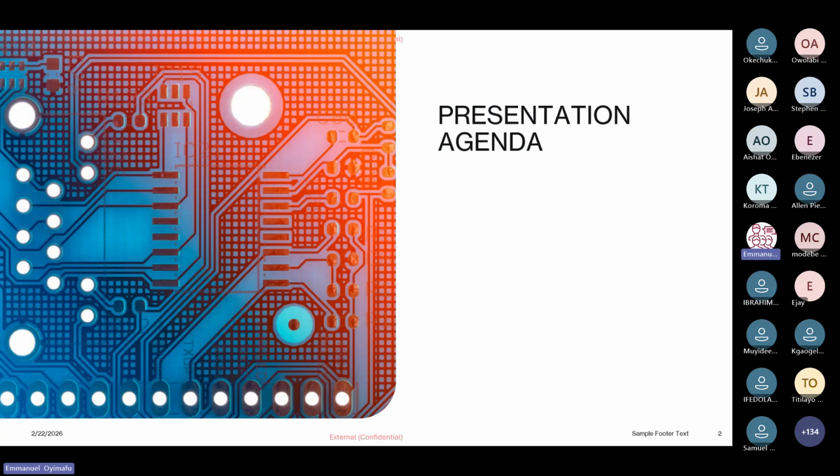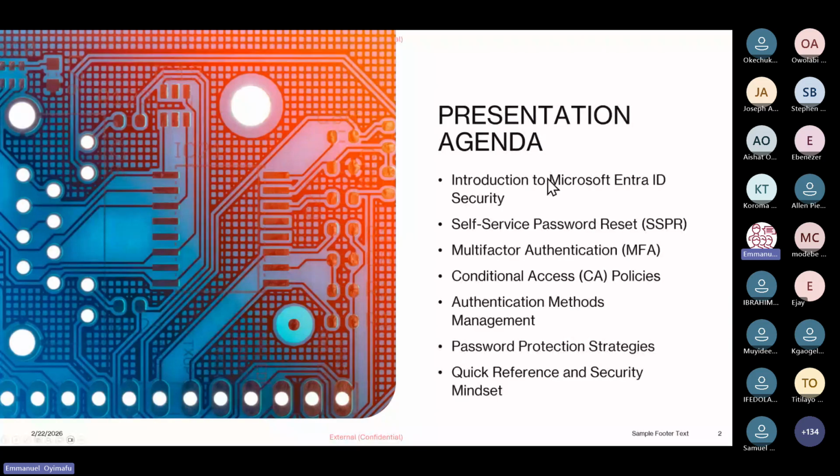Our agenda for today is introduction to Entra ID security. I'll be talking about self-service password reset. I'll be showing us how we can configure self-service password reset and how we can even check those that self-service password reset applies to. And we'll be talking about MFA.